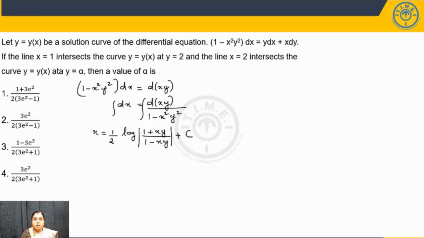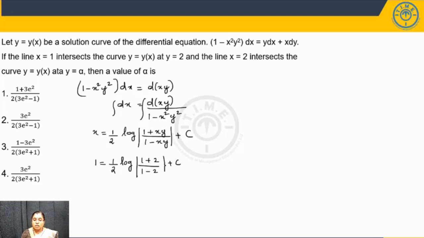So the point at which x is equal to 1 meets y of x is y is equal to 2. So that means you have to replace x by 1 and y by 2. So what do we get? 1 is equal to 1 by 2 log, 1 plus 1 into 2, that is 2, divided by 1 minus 2, plus c. Now 3 by negative 1, which is negative 3. Modulus of negative 3 is positive 3.